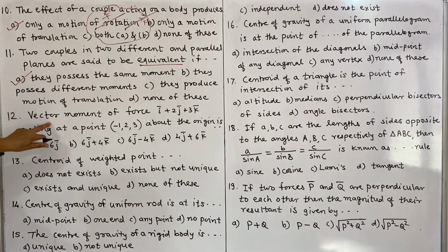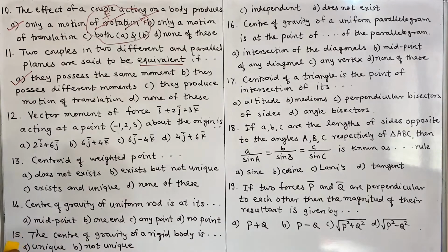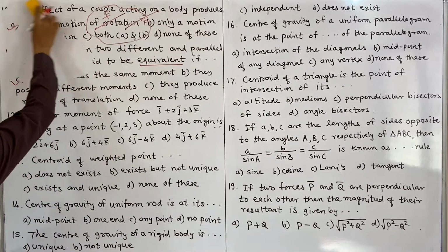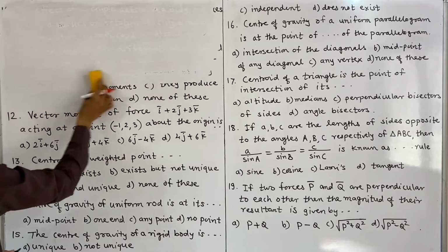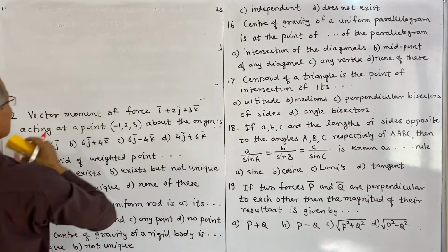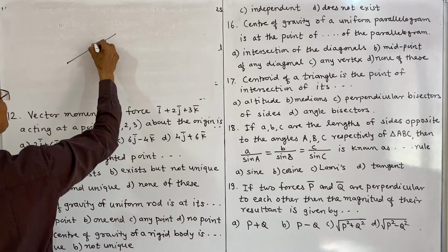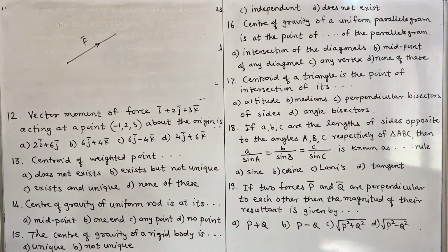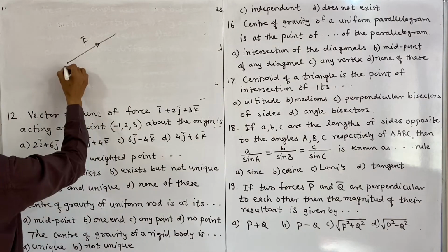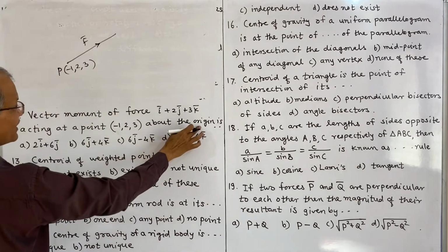Next question is the vector moment of a force. The force is given as i plus 2j plus 3k, acting at this point; what is the moment about the origin? Here we have to calculate this, and we know the vector moment of a force is given by r cross F. Suppose a force acts at a point A, and this is the force given here as i plus 2j plus 3k, and it acts at the point (minus 1, 2, 3), and its moment is asked about the origin.